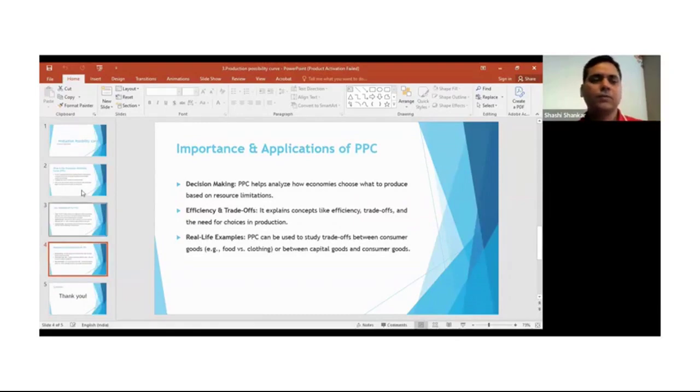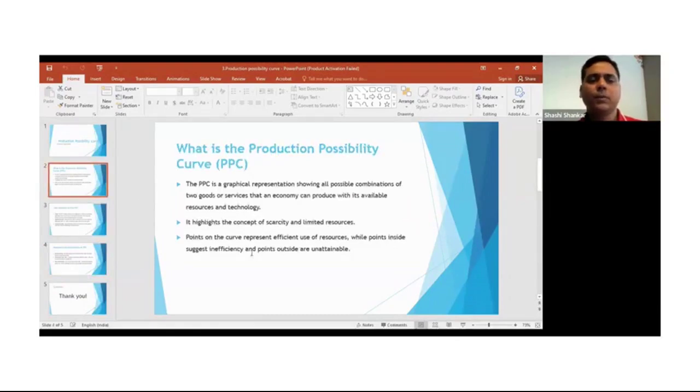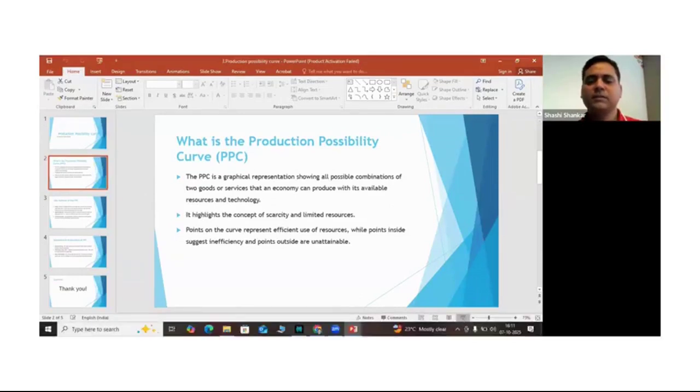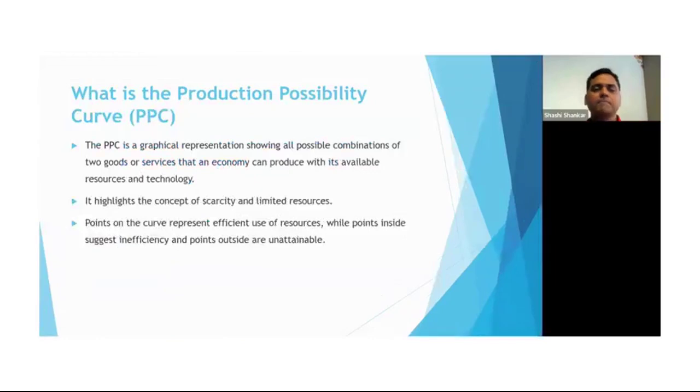All right. So to begin with, what is the production possibility curve? As it is mentioned, it is nothing but a graphical representation showing all possible combinations of two goods or services that an economy can produce with its available resources and technology.